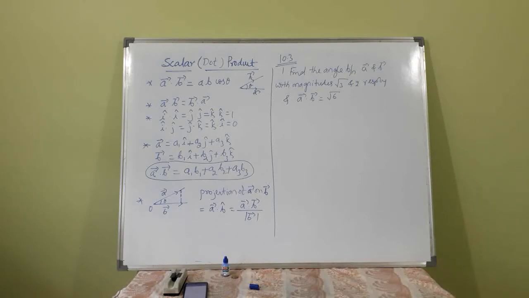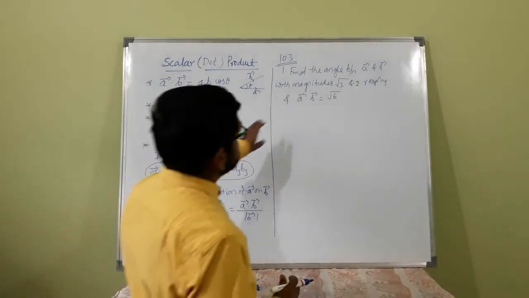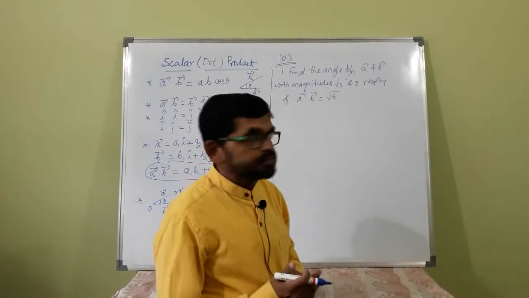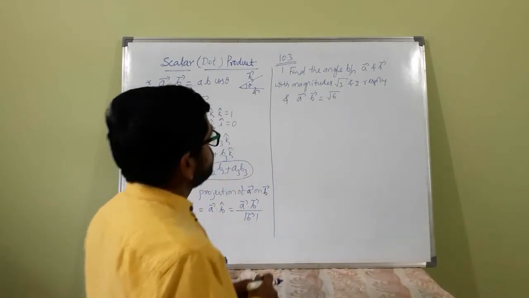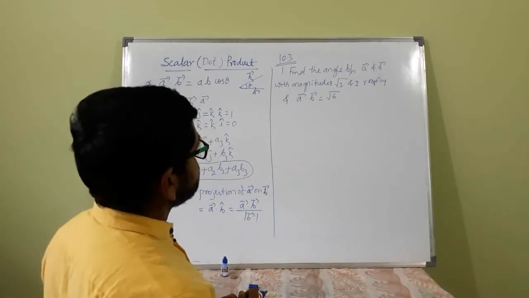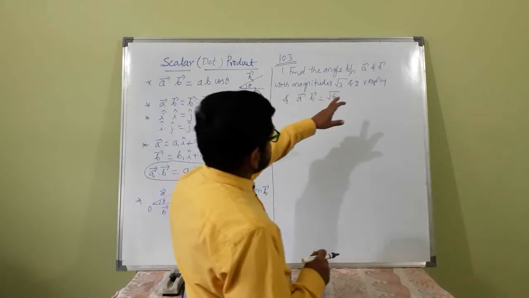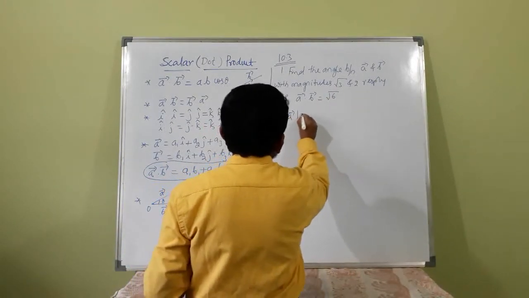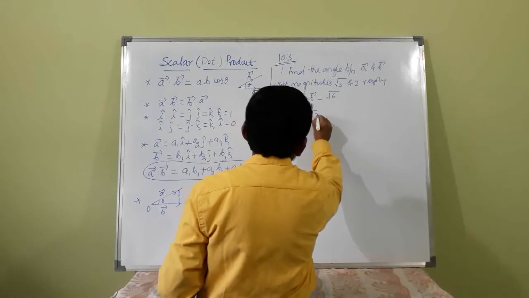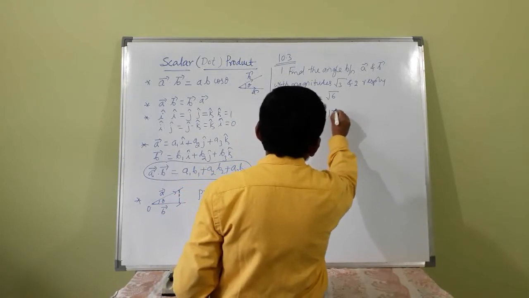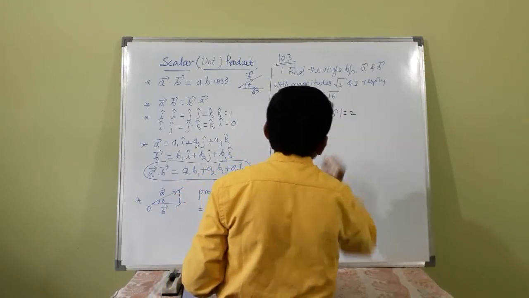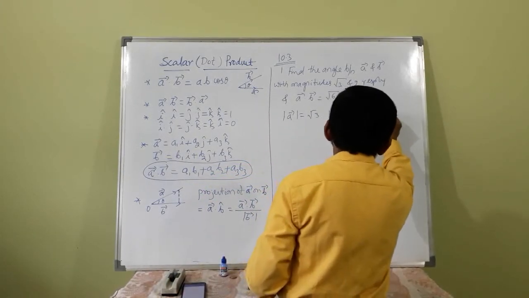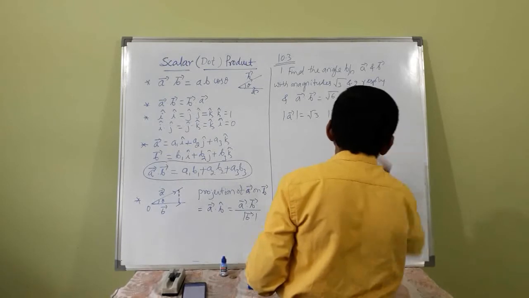Next, consider the first example. Find the angle between vectors A and B with magnitudes root 3 and 2 respectively, and A dot B is root 6. That means magnitude of A is root 3 and magnitude of B is 2.